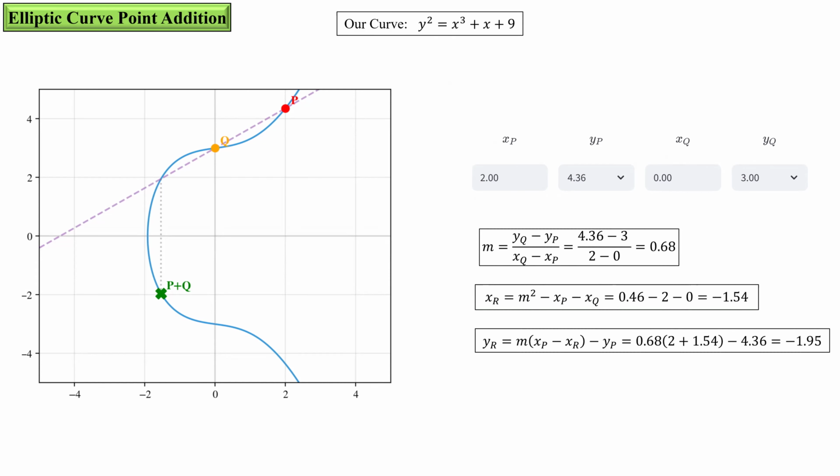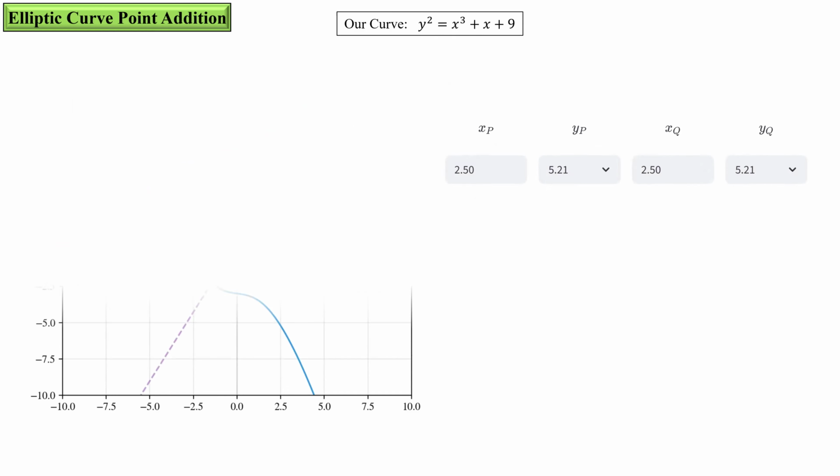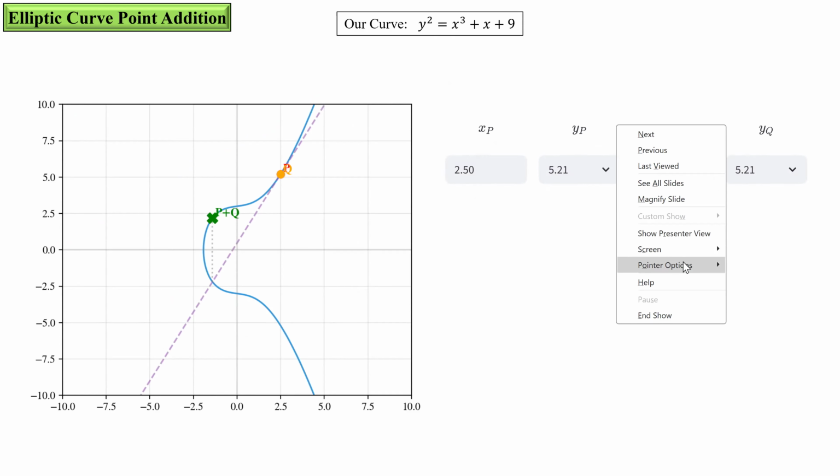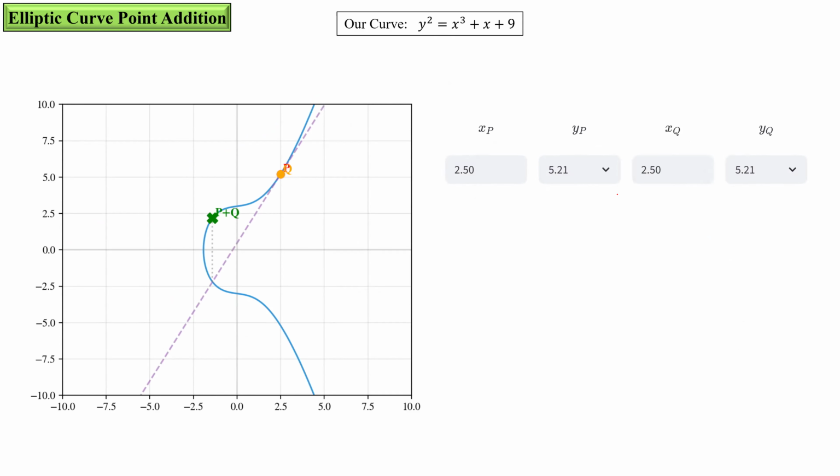Okay, so now we want to discuss other forms of addition when P and Q are in different situations. For instance, the first one is when the points P and Q are the same. So in this form, the coordinates of P and Q are equal to each other.